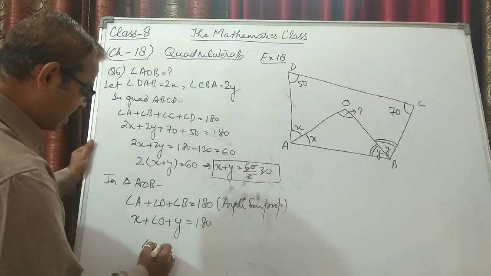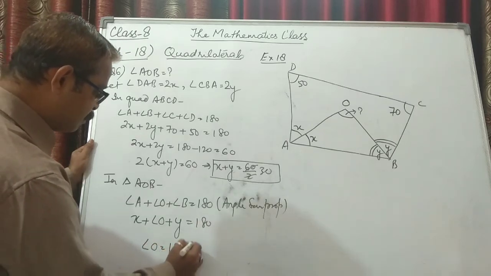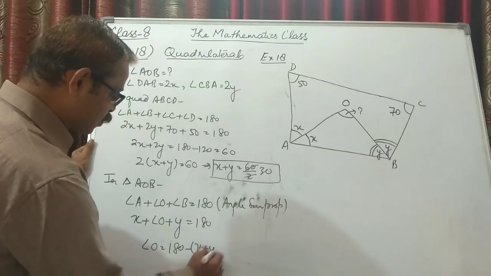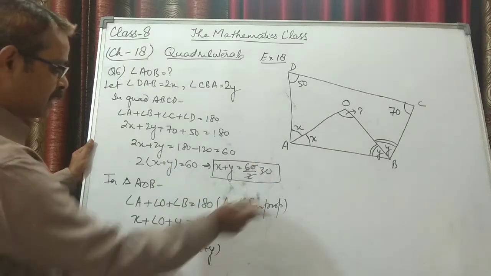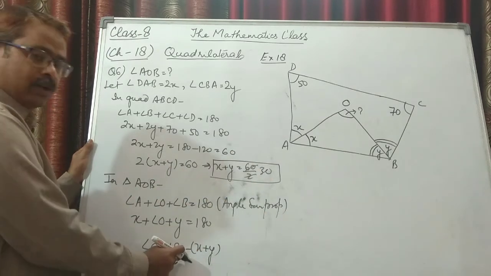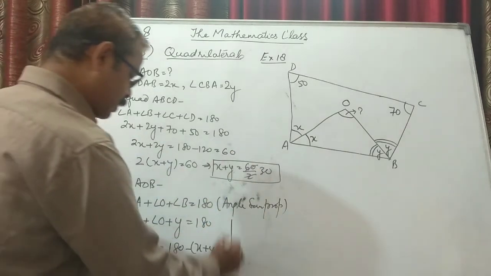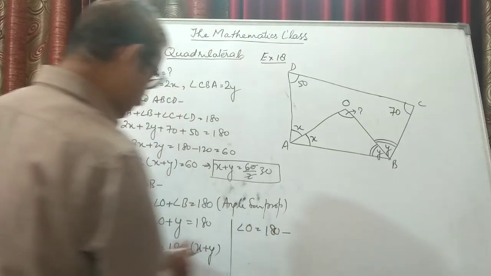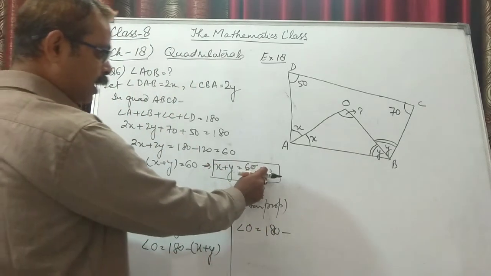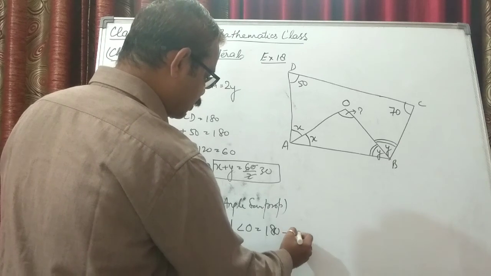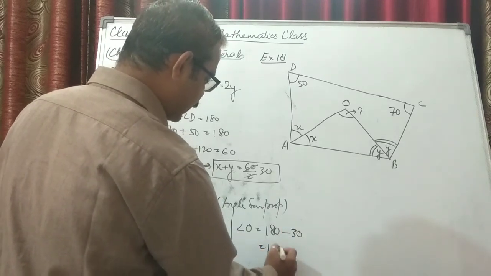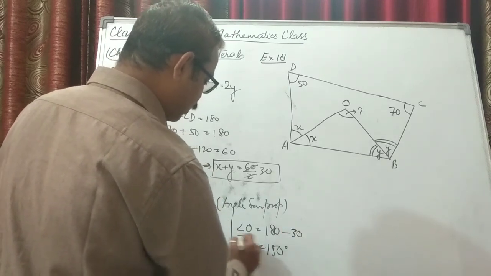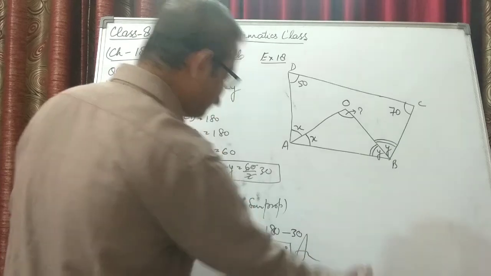It means angle O can be written as 180 minus (x plus y). This x and y goes to that side, it will become negative, minus is taken common, so x plus y. Now angle O is equal to 180 minus the x plus y value, which has been calculated here as 30. So 180 minus 30 is equal to 150. Value of angle O is 150.